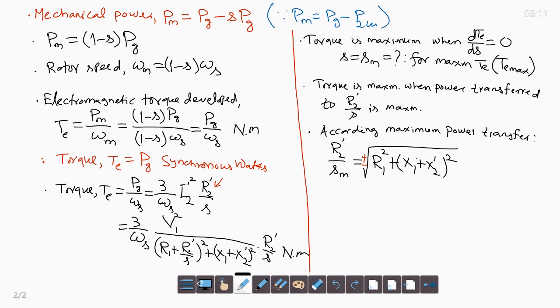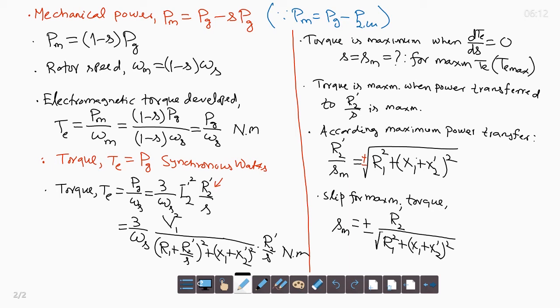So, from this expression, slip for maximum torque is given by plus or minus R2 dash divided by square root of R1 square plus X1 plus X2 dash square. See here, plus for motoring, minus for generating, because induction machine can also operate as a generator when the slip is negative.